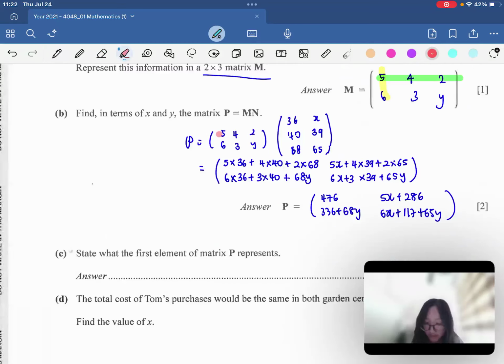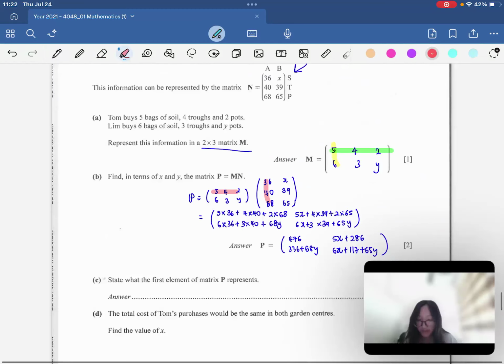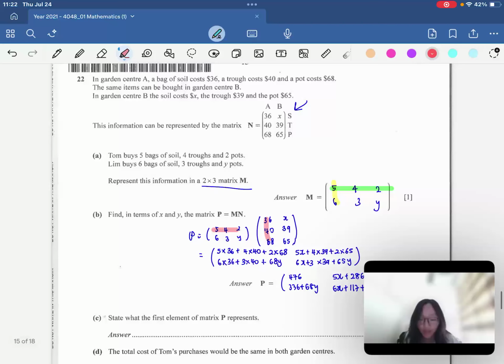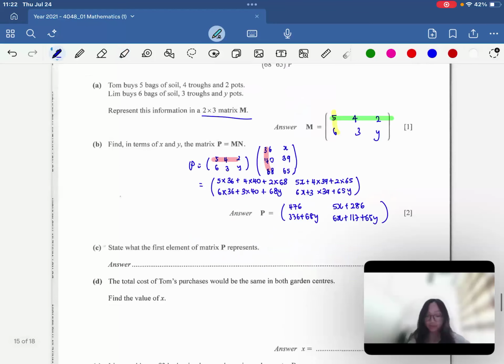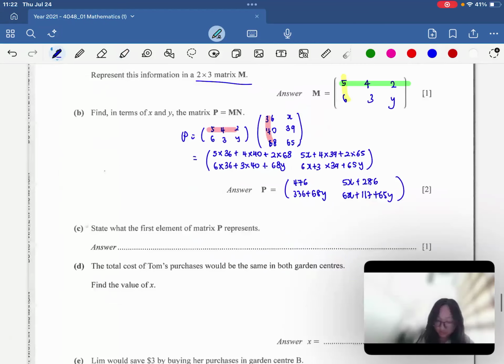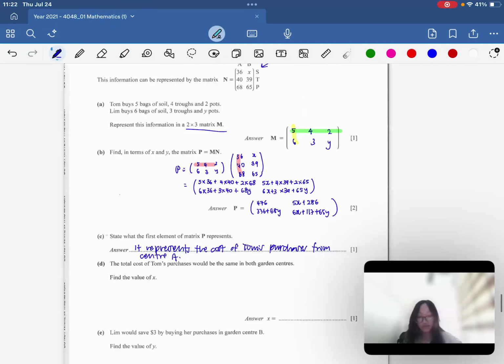So if we look back at the information, we can see what we are multiplying is Tom's purchases from center A in total. So therefore, matrix P represents the cost of Tom's purchases from center A. Okay, so that's the answer for part C.